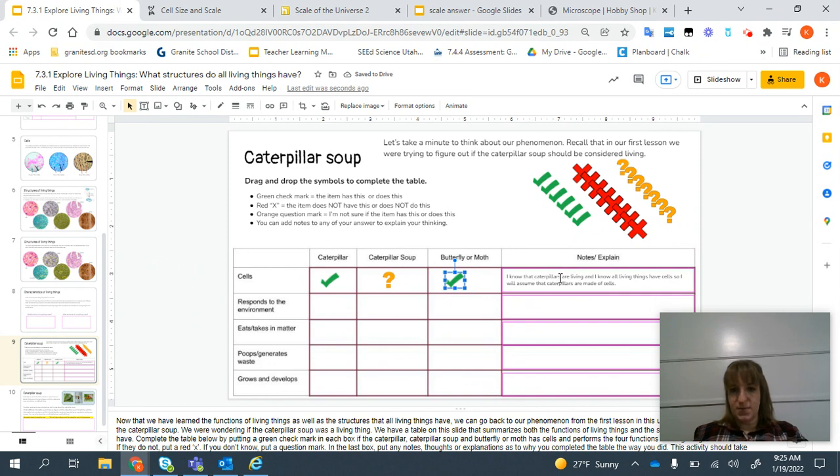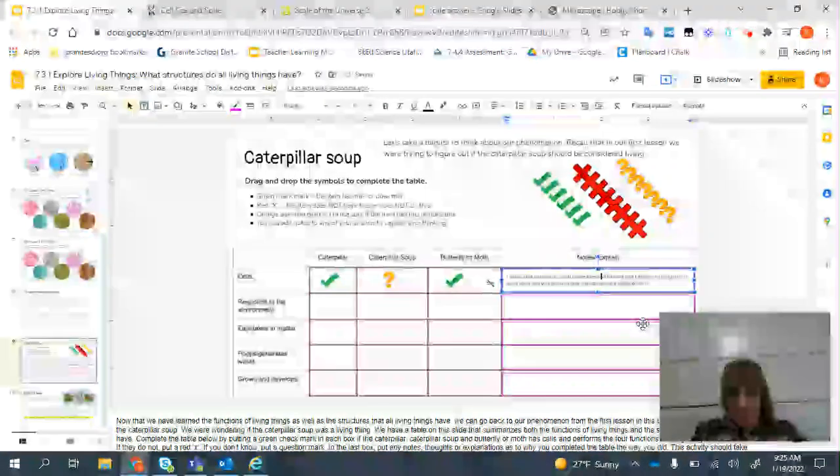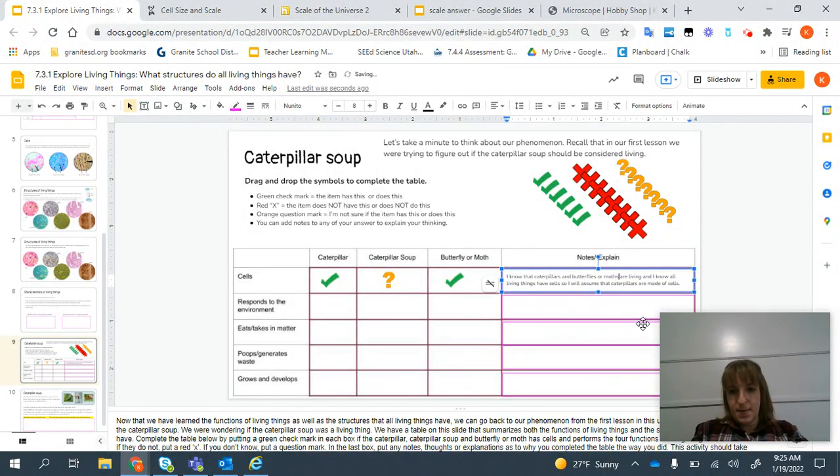I know that caterpillars and butterflies or moths, that they, I'm going to change caterpillar to they.